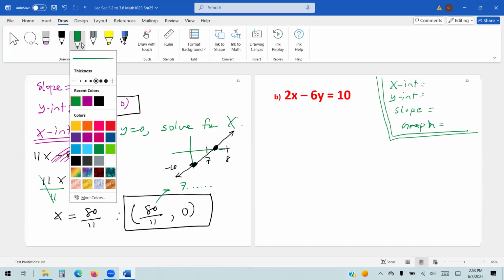So you can reduce that one, you need to divide.